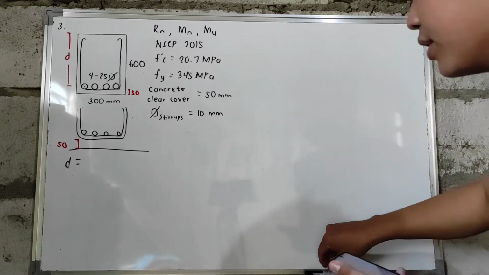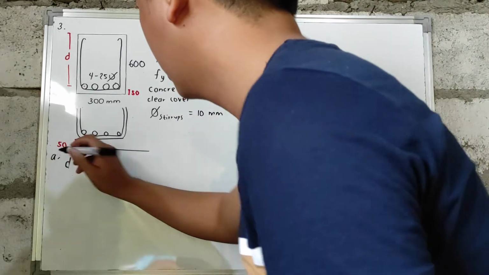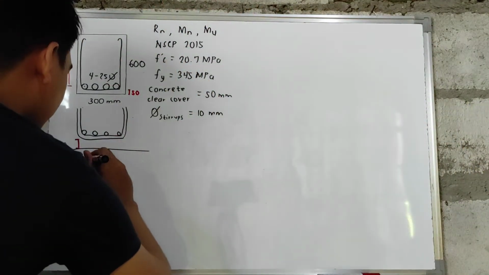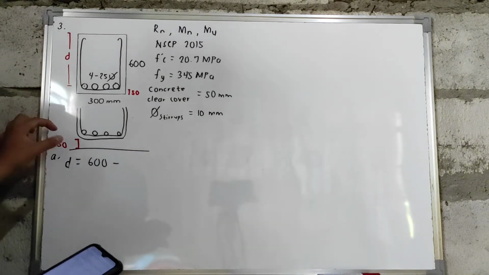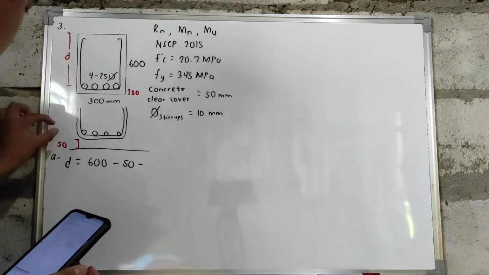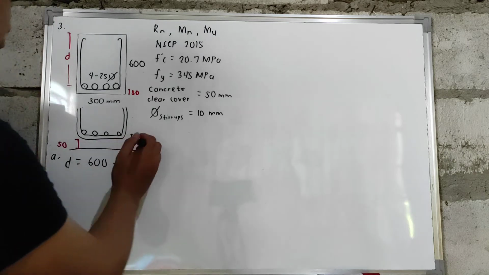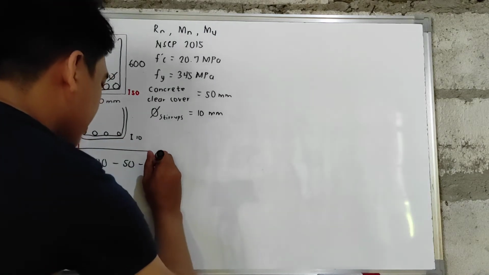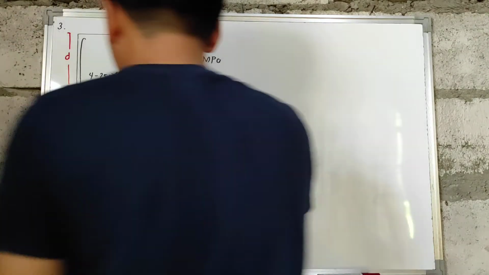So in computing for the value of your effective depth, so yung total height natin na 600, so minus lang natin yan yung concrete clear cover natin na 50, minus yung diameter nung stirrups natin na 10, minus yung kalahati nung main diameters natin.